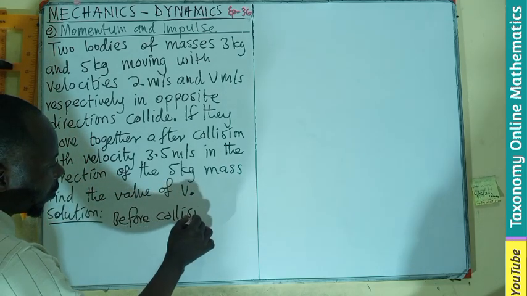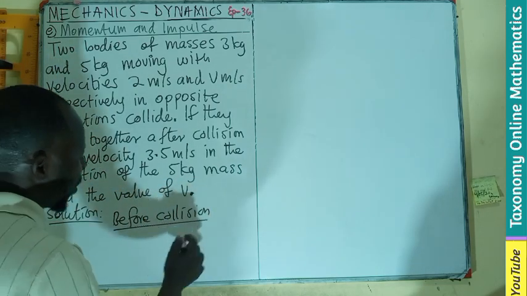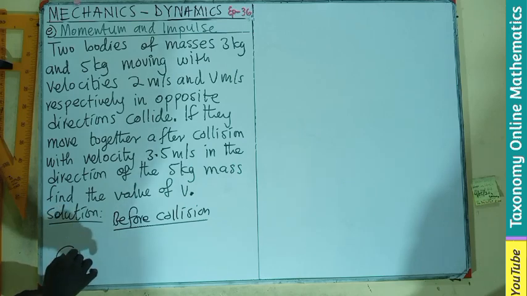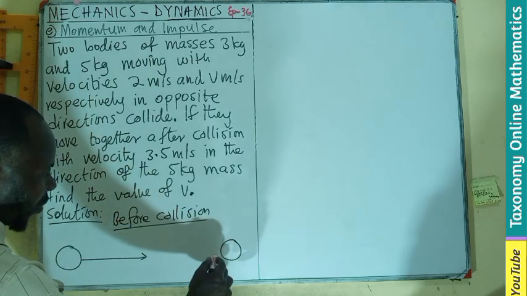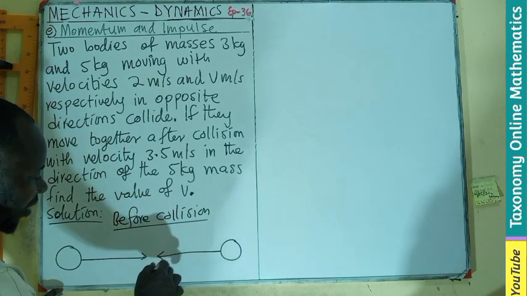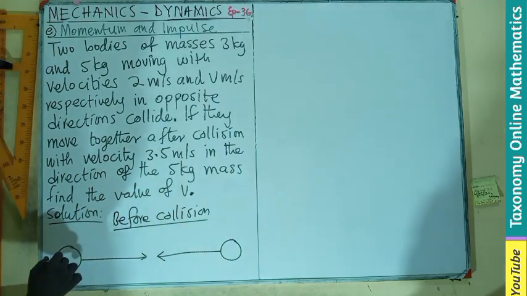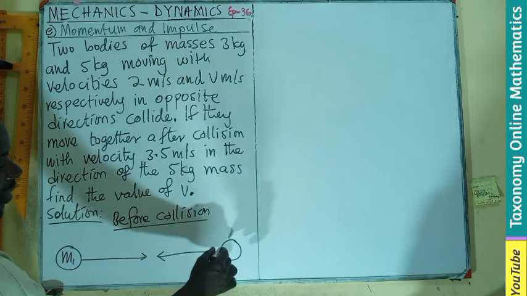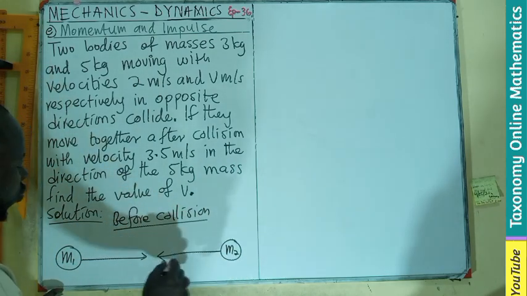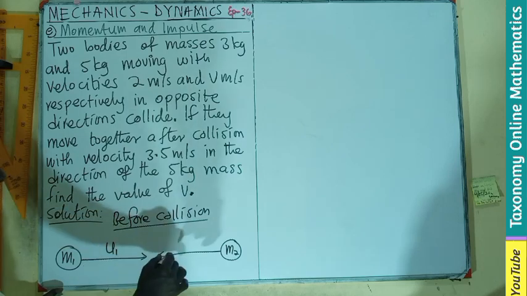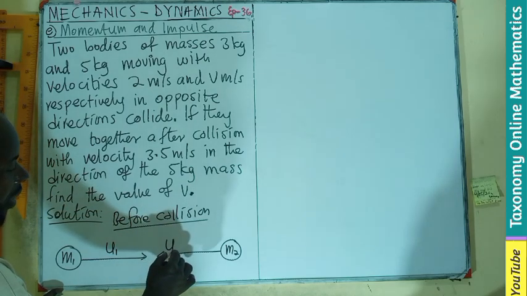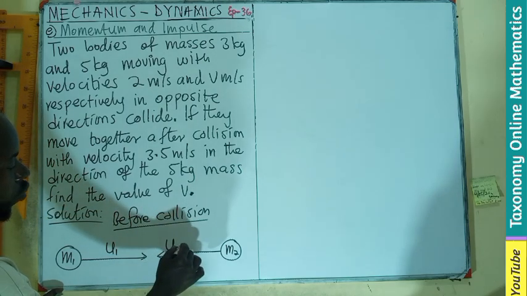collision, the bodies are going to be, let's say body 1 is moving with this, and body 2, the sizes are not taken into consideration. So this is going to be M1, this is going to be M2. This is your velocity U1. Then here is going to be U2.